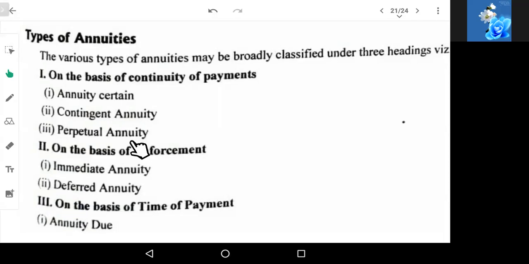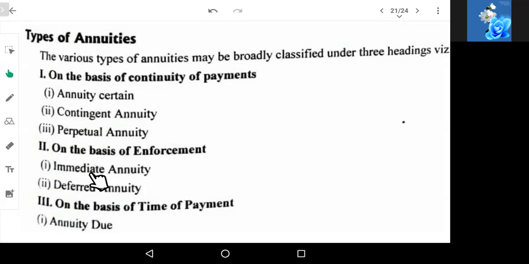Okay, and then on the basis of enforcement, that means on the basis of how we actually follow the annuity. Are we paying it immediately or are we paying it later? That is immediate annuity, deferred annuity, postponement of payment or immediate payment.